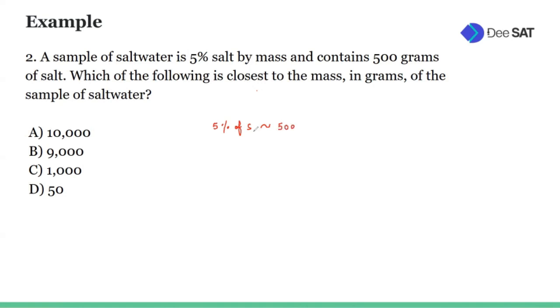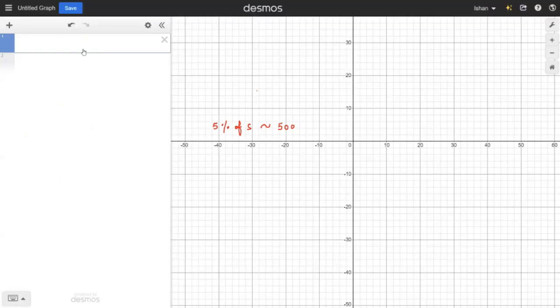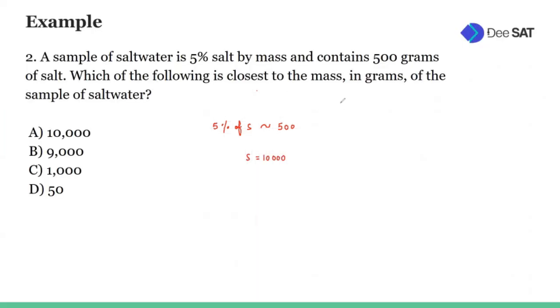I just need to find the value of S, the sample mass in grams. So I write 5% of S, with a regression sign, 500. It generates a value of S equal to 10,000. So option A will be the correct answer.